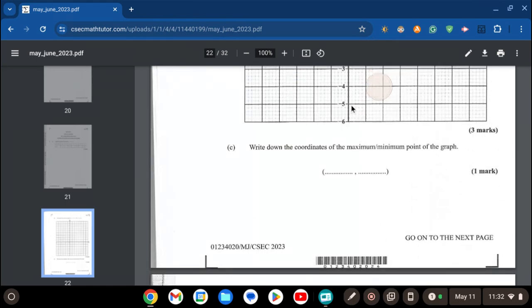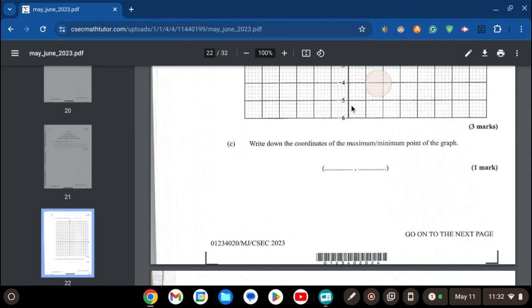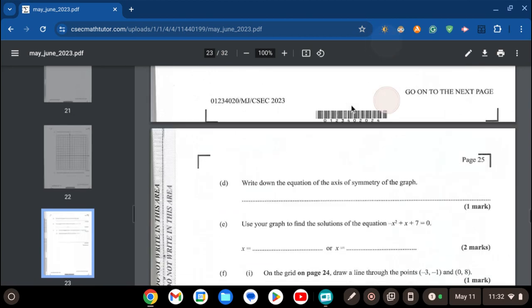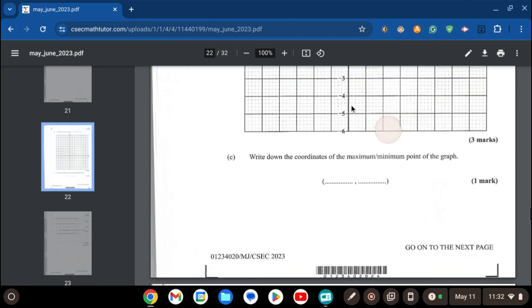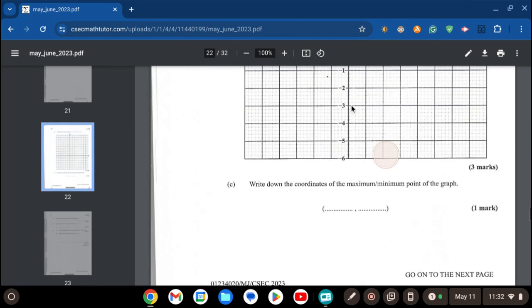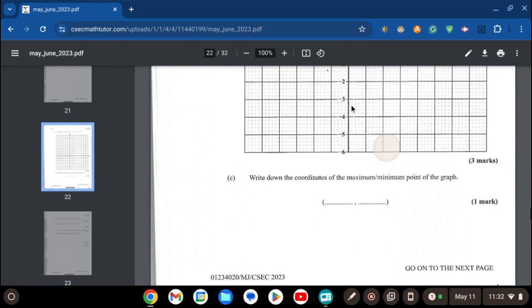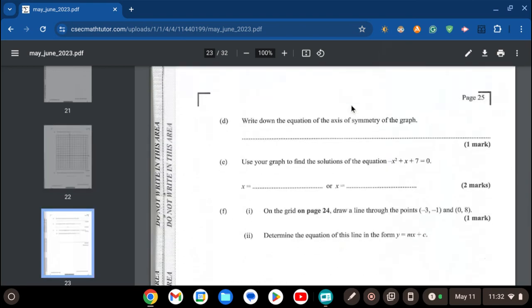Sometimes they may ask you the maximum and the minimum point of the graph, and also the equation of the axis of symmetry, which is the line that cuts the parabola in half. So that would be x is equal to something.